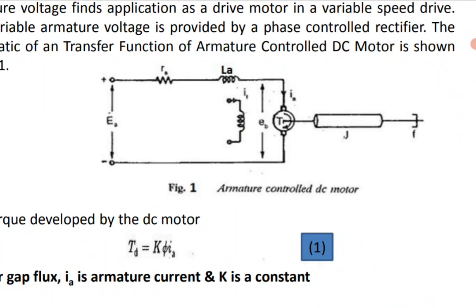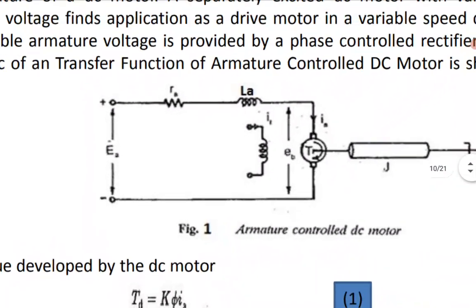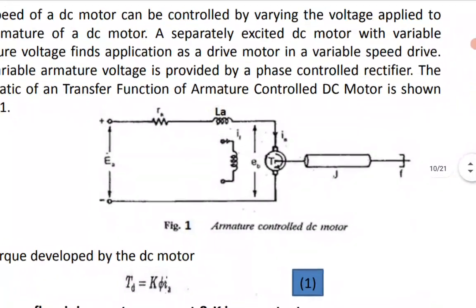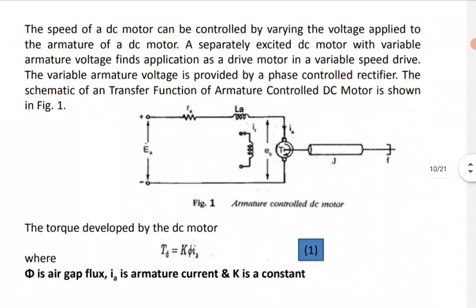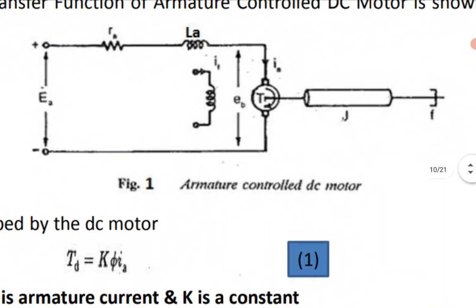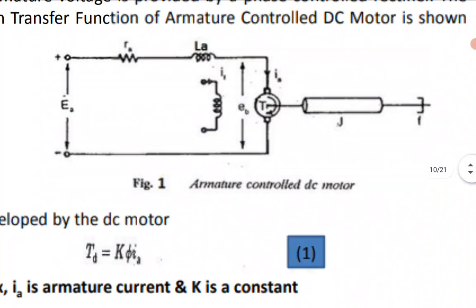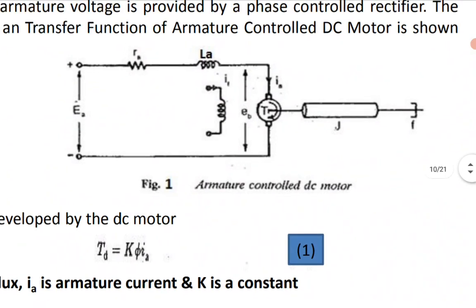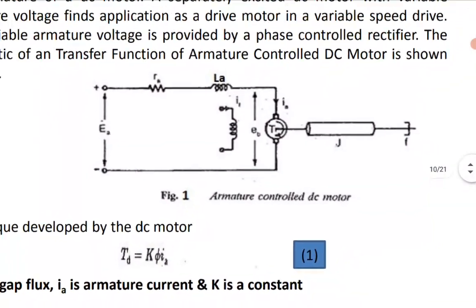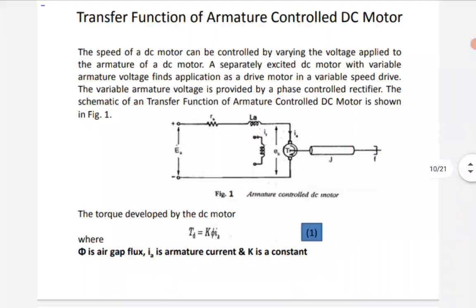Here see, E suffix A is my input voltage, r suffix A is my armature resistance, L suffix A is my armature inductance, and I suffix A is my armature current. J is the moment of inertia of the cylindrical shaft, T is the torque of the rotating motor, and E suffix B is the back EMF generated by the rotating motor.